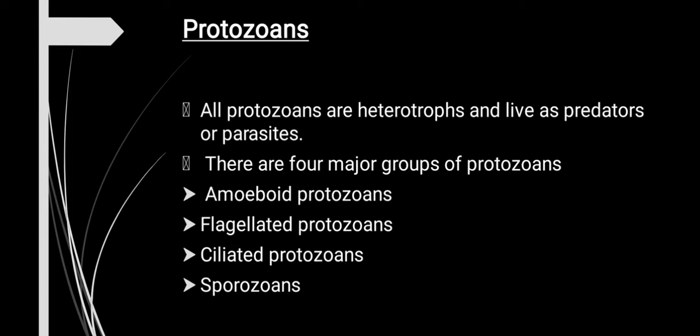Whereas the last type, the protozoans, are heterotrophic. They live either as predators or parasites. There are four major groups of protozoans: amoeboid protozoans, flagellated protozoans, ciliated protozoans, and the sporozoans. Let us learn each in detail.